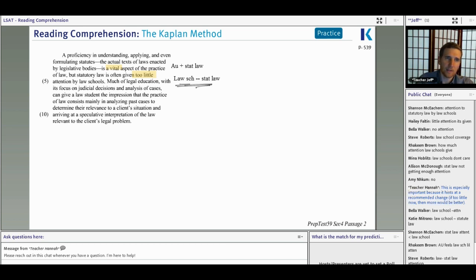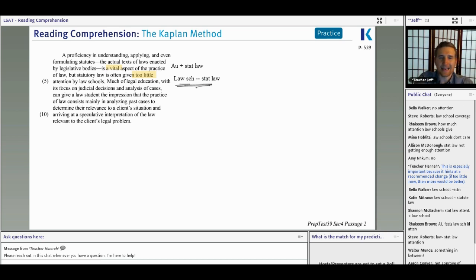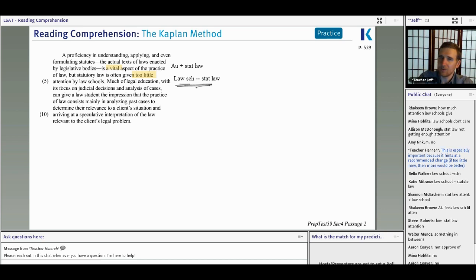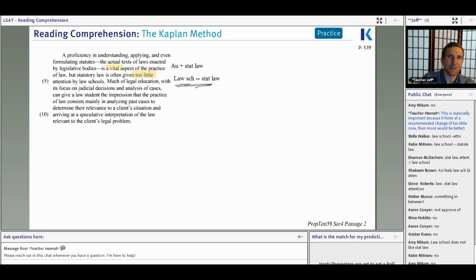Law school negative stat law. What would that indicate? I'm not saying you can't use it. You just got to be careful, right? This would mean that law schools don't necessarily like statutory law. Is that what we've learned? Not necessarily, right? We've learned that the author thinks that law schools are not giving enough attention to statutory law.